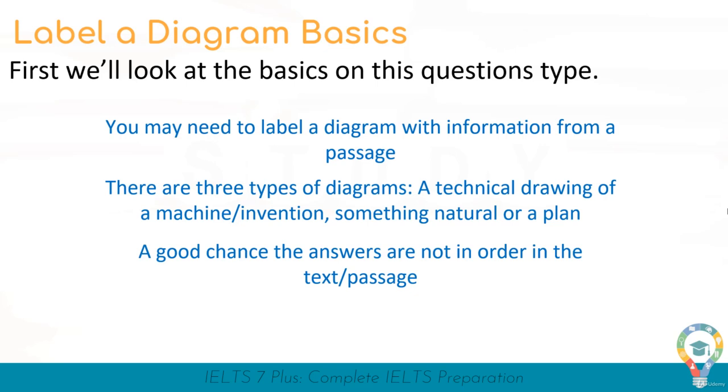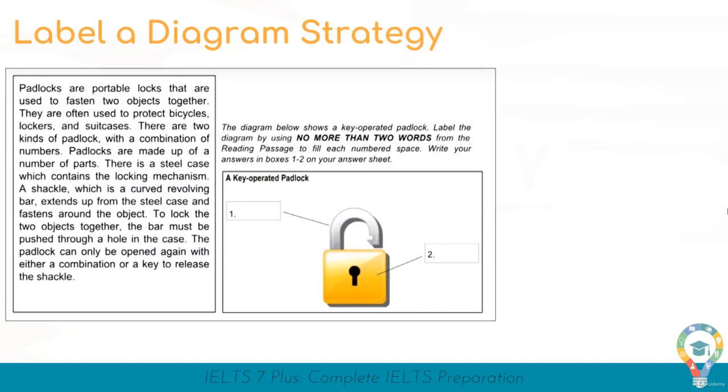So let's take a look at an example of a label a diagram question. To the left, we have a short passage which describes our diagram to the right. The instructions are just above the diagram, and let's read through the instructions now, as you should always do.